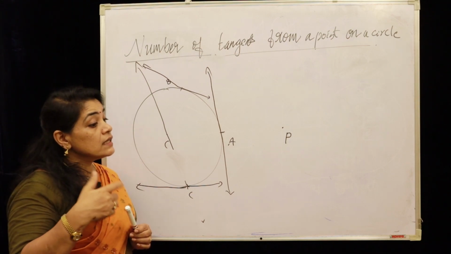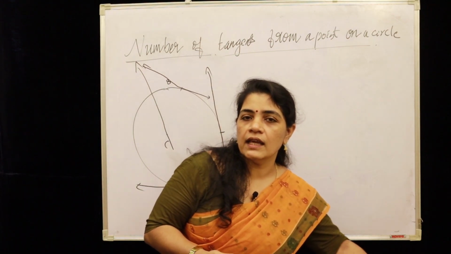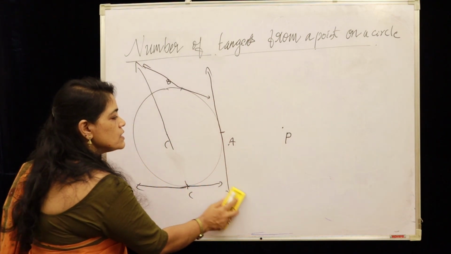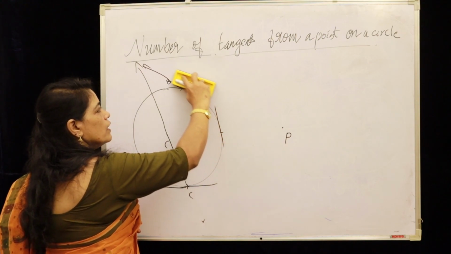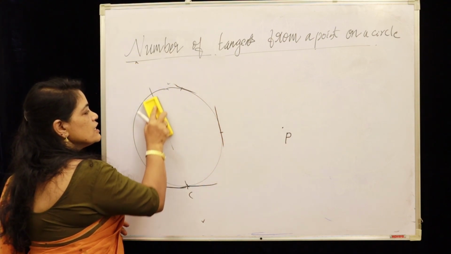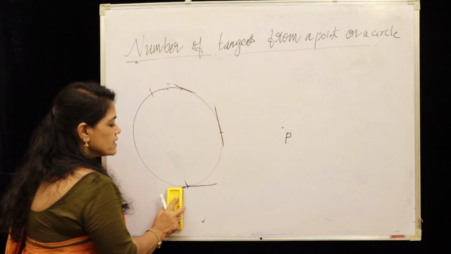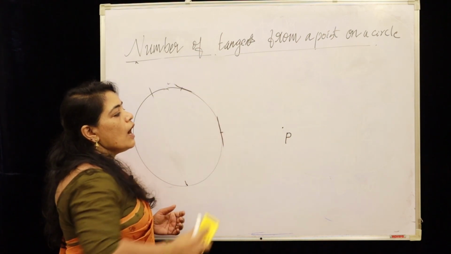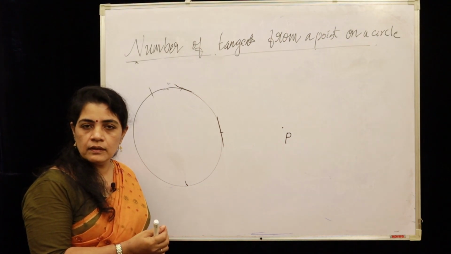Understood? And in the third case, if you mark a point outside the circle, here I already marked the point, that is point P. P is an exterior point. How many tangents can be drawn?